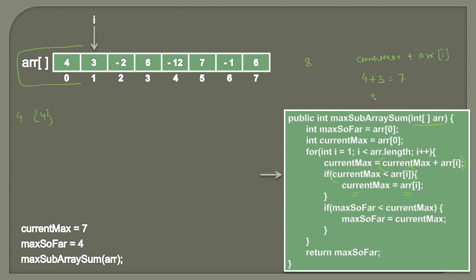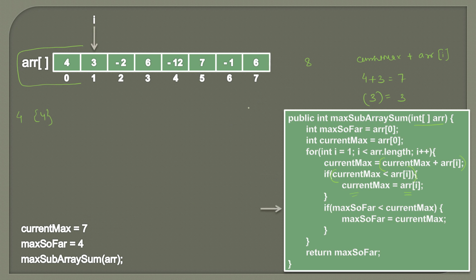So here 7 is compared with 3 because array of i is 3. Whichever is the bigger value is simply assigned to the current max. So 7 is the bigger value among these two values. So current max remains the same.